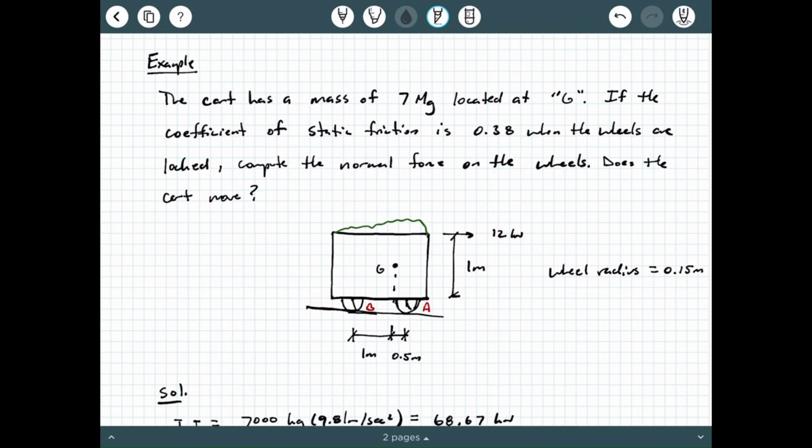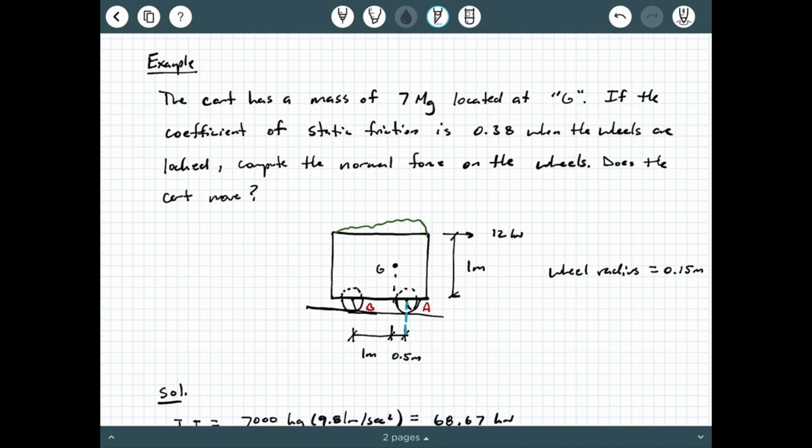Maybe the wheels have some kind of casing where they are also hidden inside the cart. So we really just care about the 0.15 meter radius for this particular system.